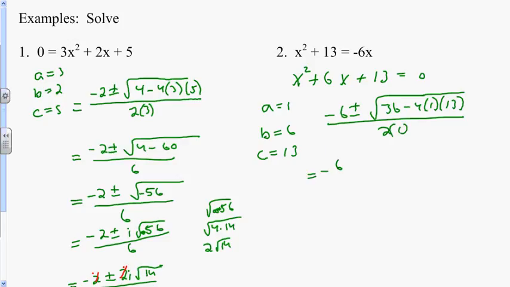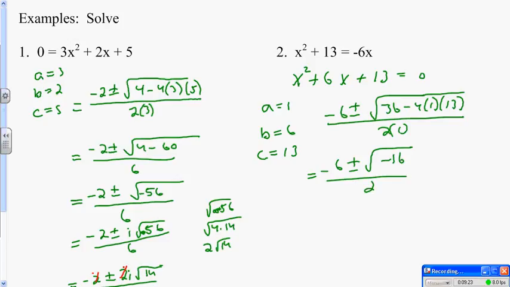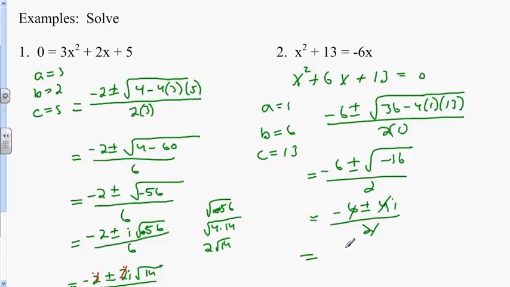That gives us negative 6 plus or minus square root of a negative 16 all over 2. And I have to get this done in 10 minutes here, so I've got a couple of seconds left. That would give us negative 6 plus or minus 4i over 2, which gives us negative 3 plus or minus 2i.